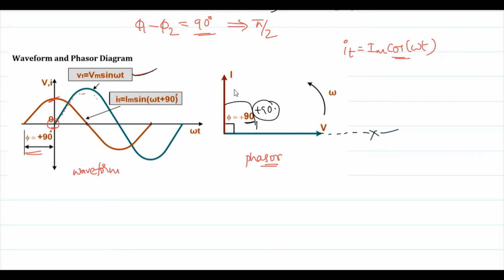So in this diagram also we can conclude that current leads and voltage lags. This is the conclusion from the purely capacitive circuit: current leads the voltage by 90 degrees.